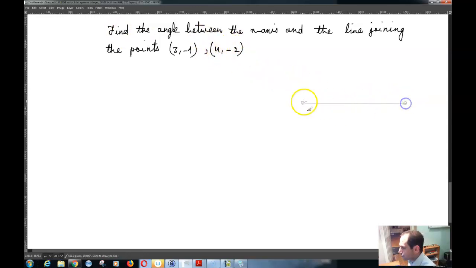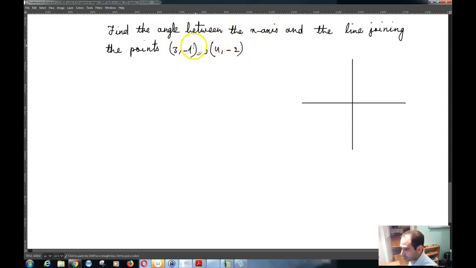So let's suppose that you want to find the slope of this line, because that's the angle between the positive direction of the x-axis and the line joining these points. It's a line having these 2 points on it.